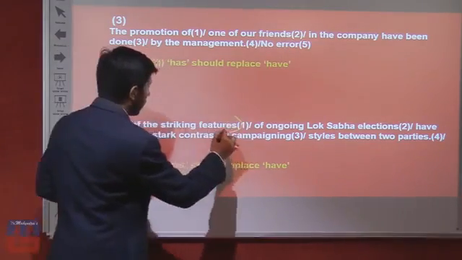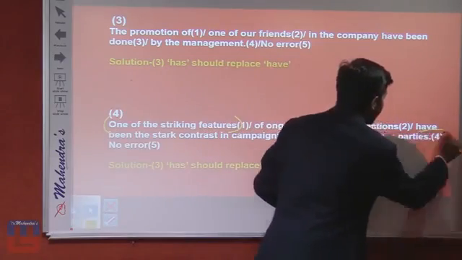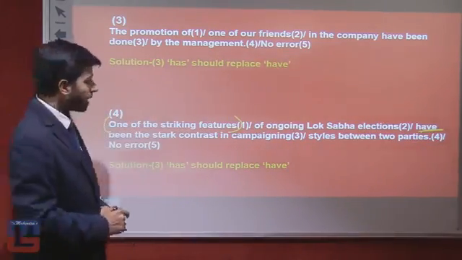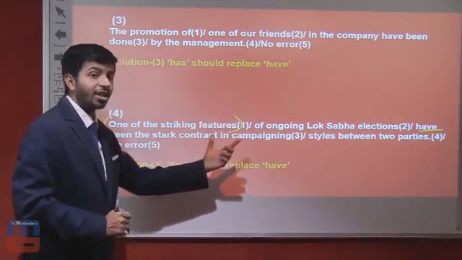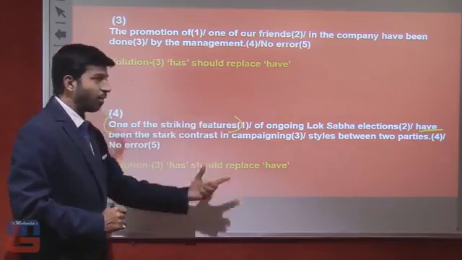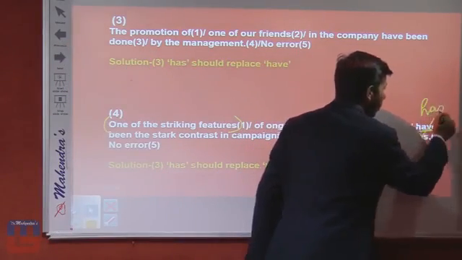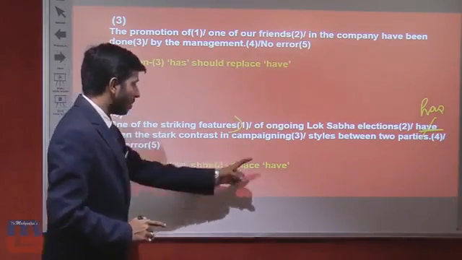One of plus a plural noun is given and the verb is have. What should we do? You must remember this rule: when the sentence is given in the form one of plus a plural noun and it takes a verb, the verb must be singular, therefore has should be used. Has should replace have.